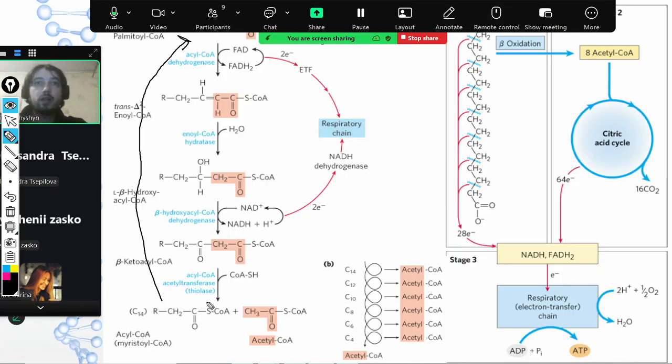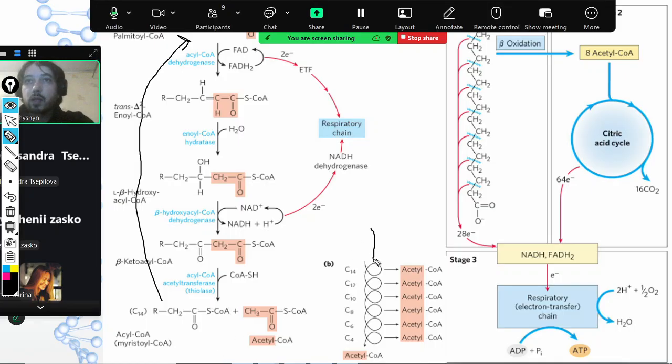We are trying to recreate our chemical just 2 carbons less. If we are able to do that, that's perfect, because we can now go once again and again and again.